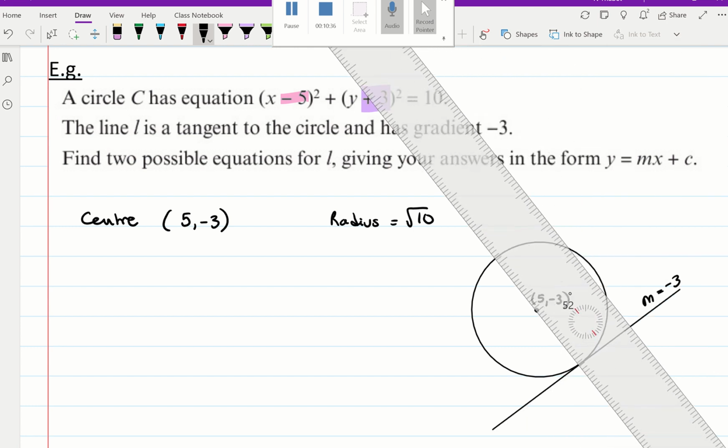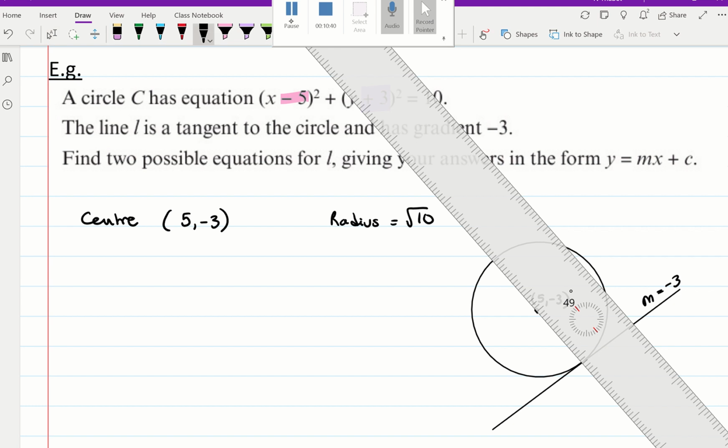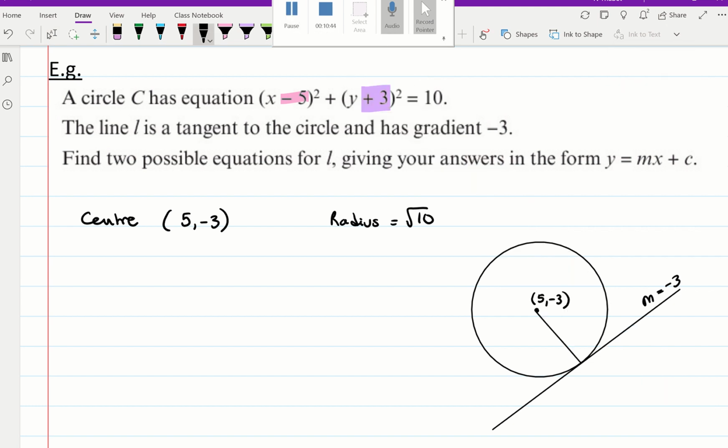So that means that from the center to the tangent, that's perpendicular, so the gradient of the radius is going to be a positive 1/3.